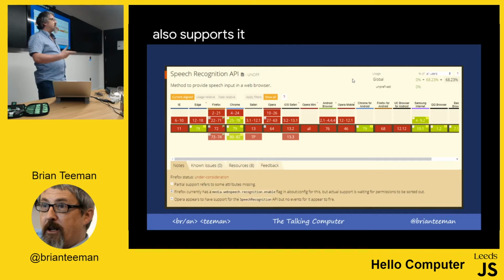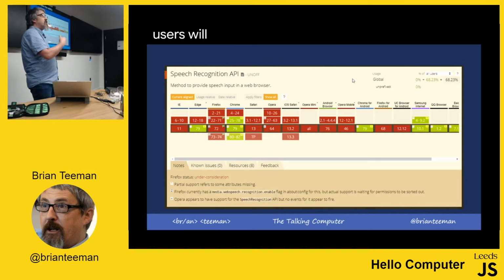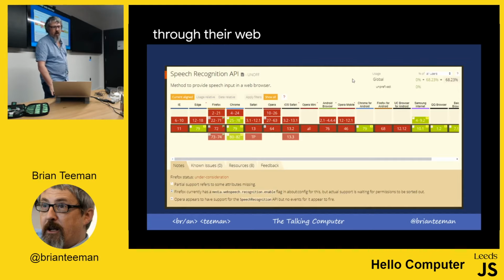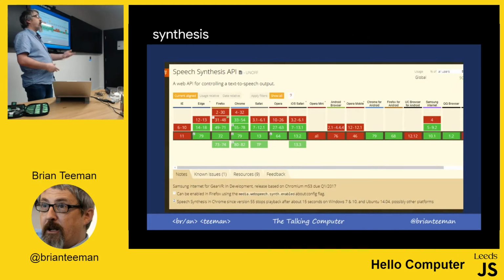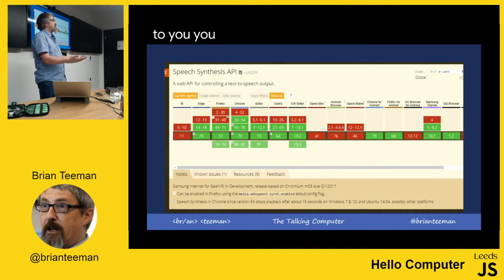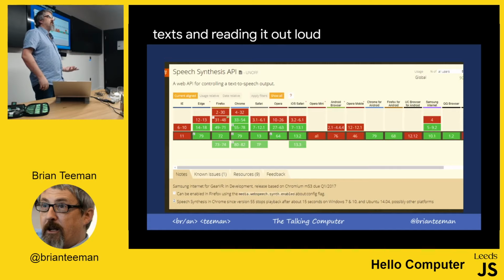So it's looking at about 68% of all users will have the ability to talk to their computers through their web interface. When it comes to speech synthesis, that's the ability for the computer to talk to you, usually by taking some text and reading it out aloud, we're at over 90%.